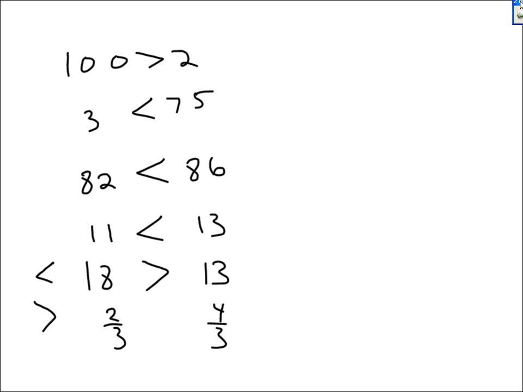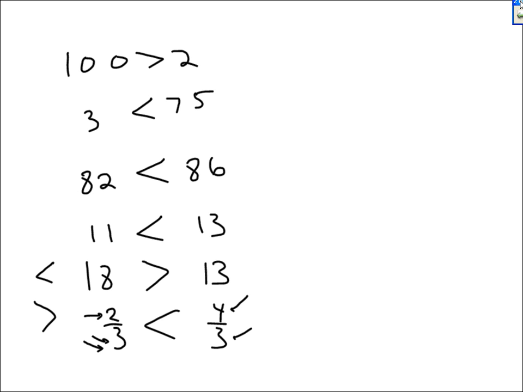2/3, 4/3. You take a test that has 3 problems. You got 2 points out of 3 problems. I'd rather get 4 points out of 3 problems. 2/3 is smaller. The arrow goes to the 2/3.